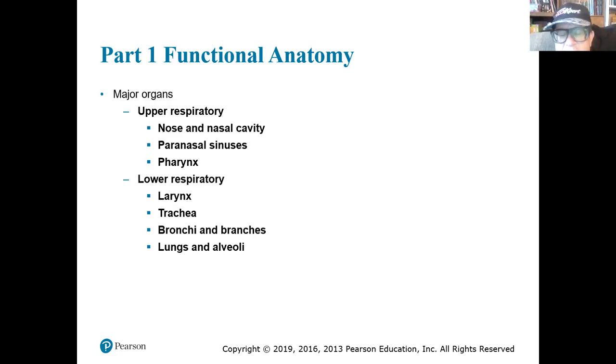Sinuses warm air, moisten air, trap mucus, and depending on the size of the sinuses, they might do a whole lot to lighten the head. That's why if you look at, say, an elephant skull, where they have those heavy tusks, they have a giant frontal sinus to make the head lighter.